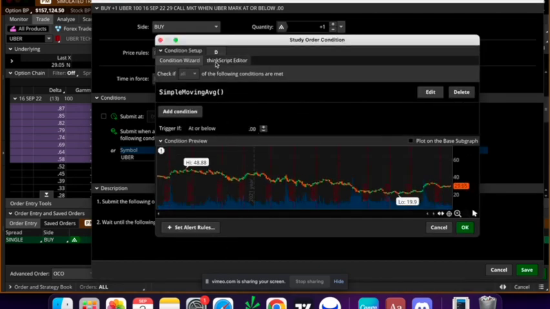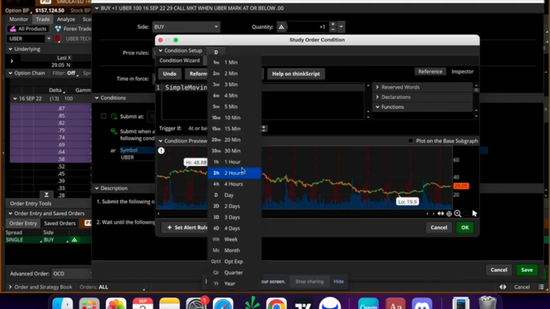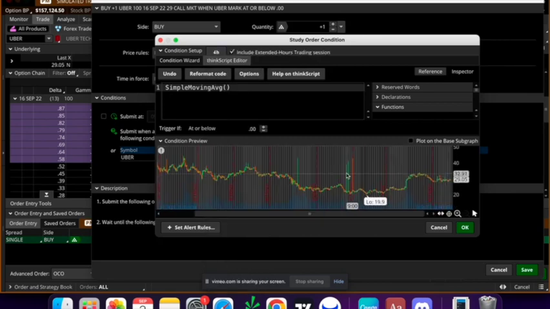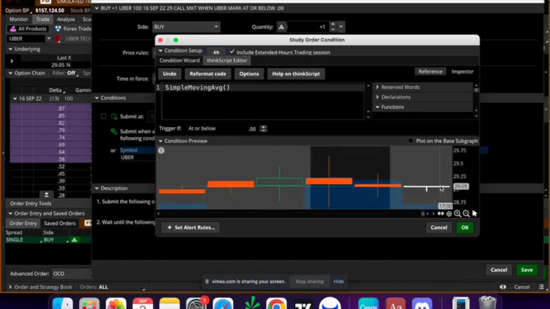You go to the thinkScript editor over here and change this time frame based on whatever Strat entry or exit you're using. So if you're using, say, a 4-hour entry, and this breakup is what you want, when it breaks up here you want to catch that move right there.